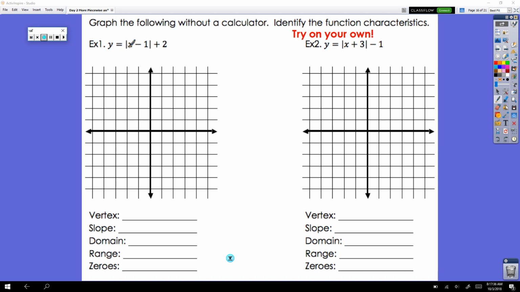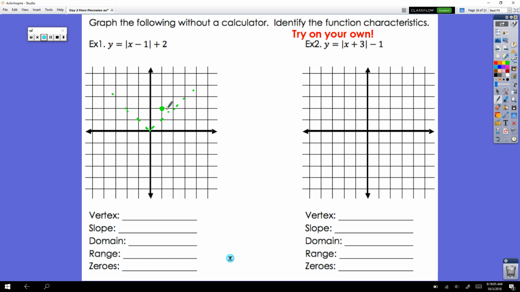We have y equals absolute value of x minus 1 plus 2. Based on what we were just saying, we know the original parent function of the absolute value looks like this. I'm going to draw this as a dotted line. So since we have this minus 1, that means we are moving this 1 to the right because remember we do the opposite of what we think for x, and then we move it up 2.